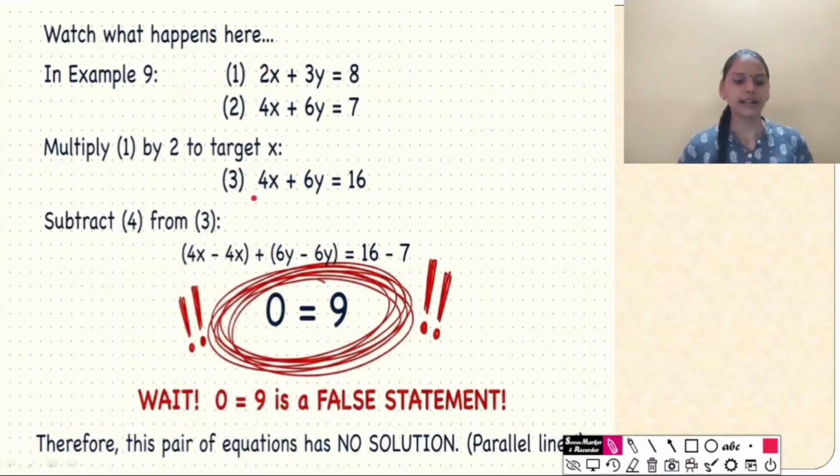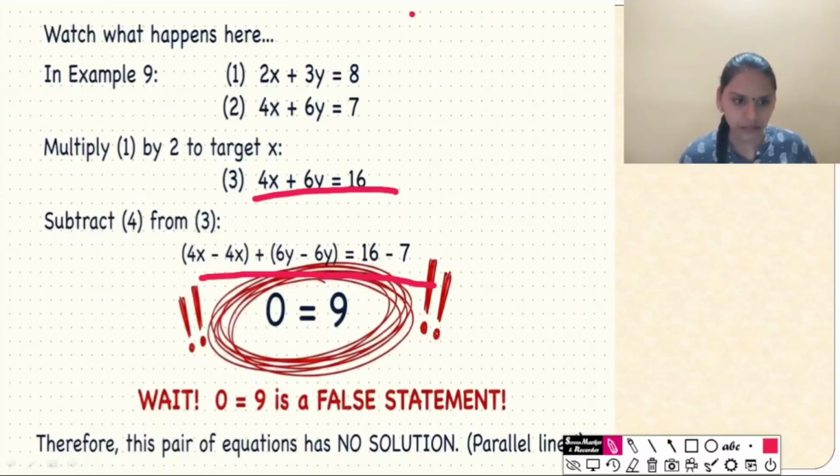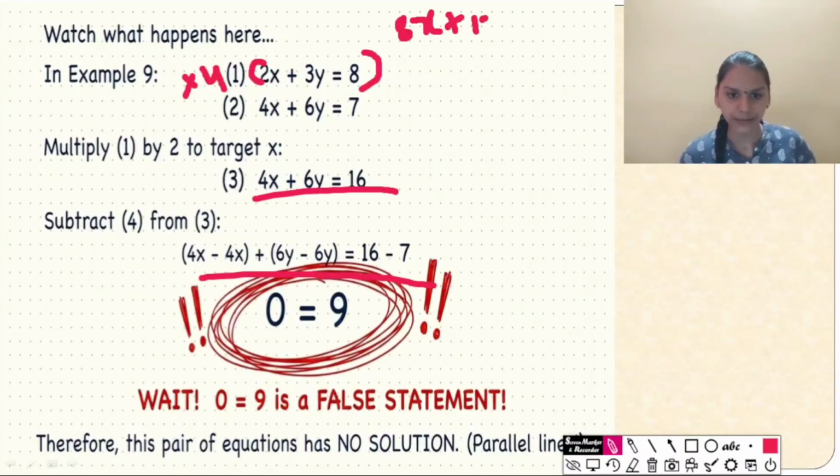When you multiply it, you're getting it like this, and then you solve it by subtraction. Let us solve this. When I multiply the first equation with 4, what will I get? 4 2s are 8x plus 4 3s are 12y is equal to 4 8s are 32.